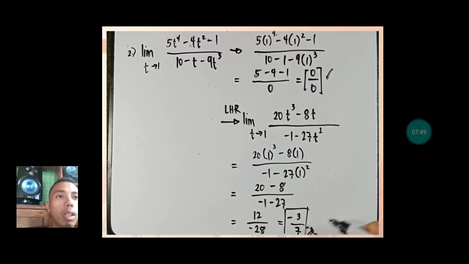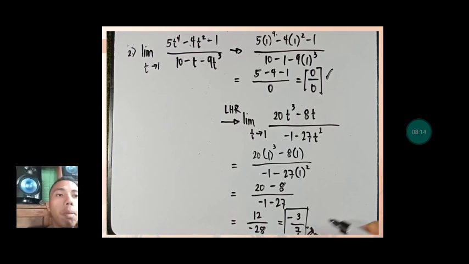So just substitute the number after we're getting the derivative already. It's about time to substitute using L'Hopital's rule. Since t approaches 1, we substitute 1 directly after getting the derivative.